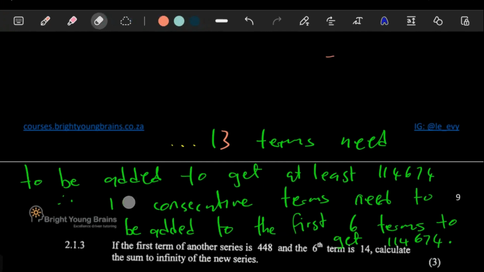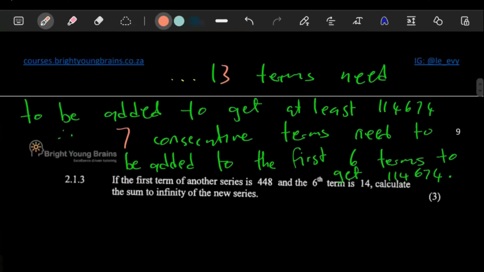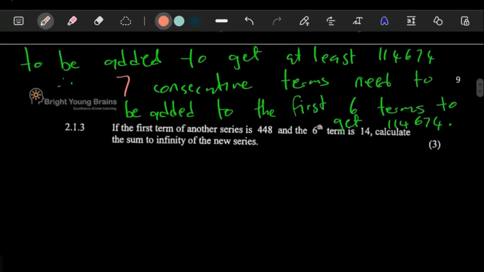Therefore, from 6, 7, 8, 9, 10, 11, 12, 13, 7 consecutive terms need to be added to the first 6 terms to get 114,674.